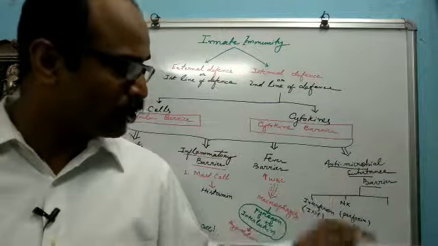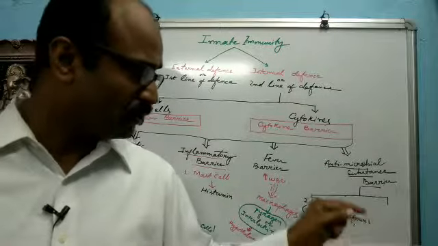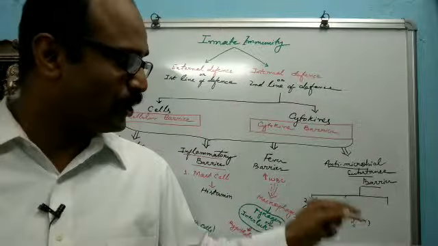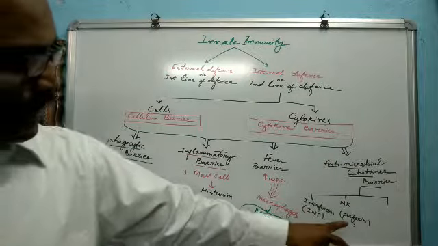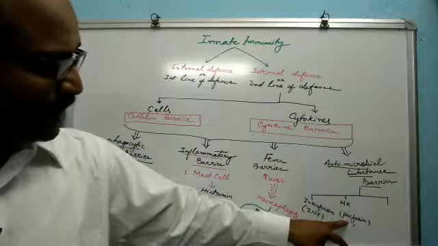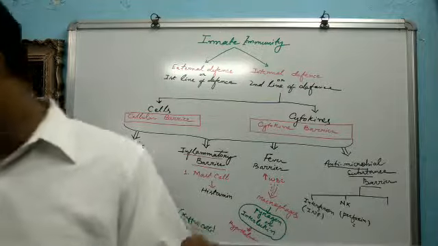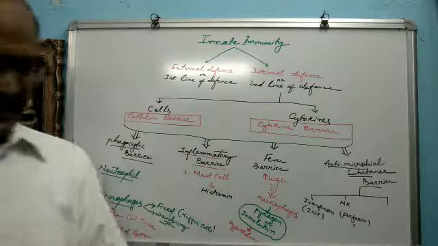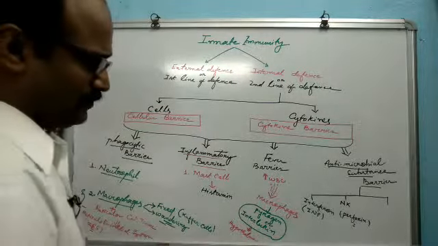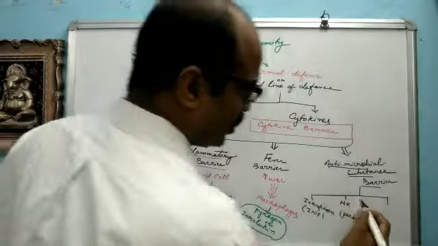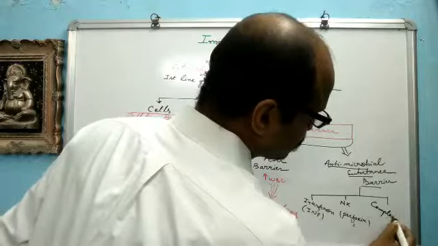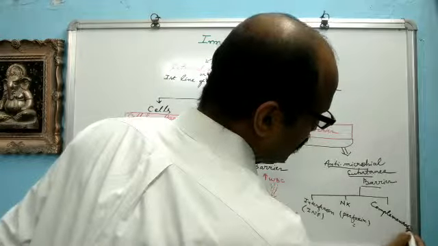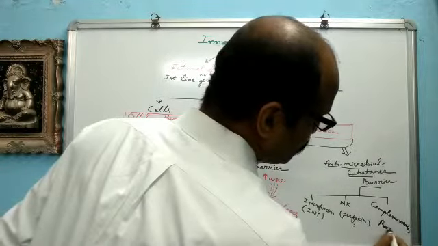Because of the formation of holes or pores on the wall of the infected cell, the infected cell gets lysed. This perforin is also known as an antimicrobial substance. And another substance may be the complementary protein.